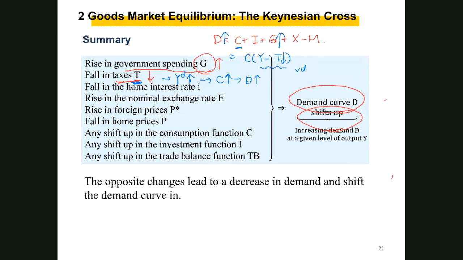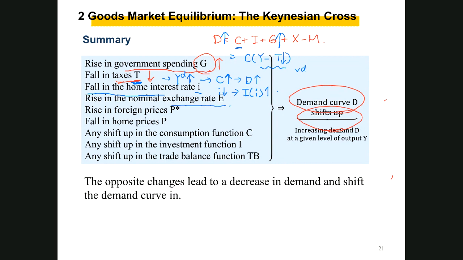Okay? What about the third one? A fall in the home interest rate. Okay, so I decreases. What happens? The investment will increase, right? Because the cost of borrowing money is lower, so you would like to borrow more money from the bank to invest and build up the factory. Raising the nominal exchange rate.